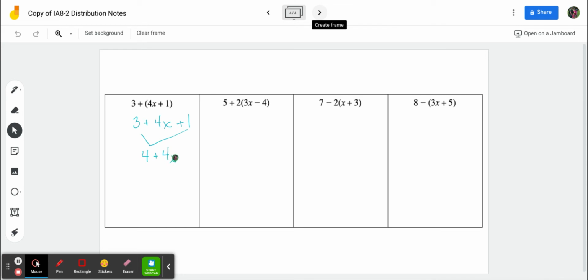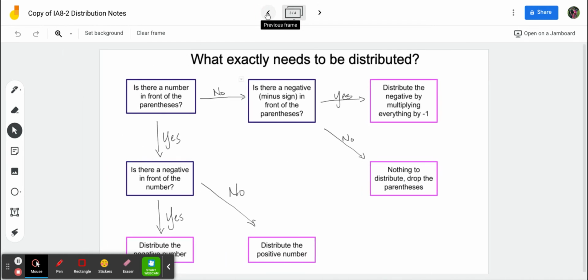And there's our answer. On the next one, 5 plus 2 times quantity 3x minus 4. I jump back here to our flowchart. Is there a number in front of the parentheses? Our answer is yes. Is there a negative in front of that number?